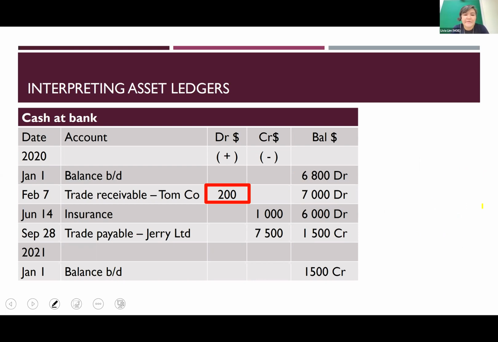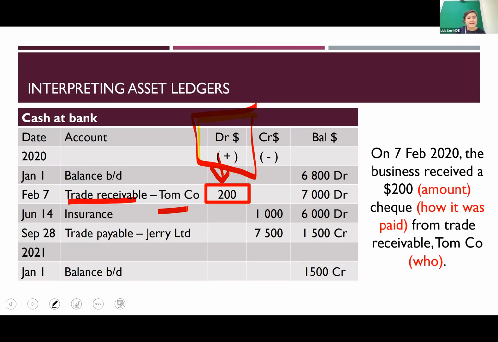Now, what about this February the 7th? At this point in time, if you feel like you want to pause me and write down your answer, please go ahead. Otherwise I will just continue. So on 7th of February, what is happening here? The cash at bank account is showing that it has increased because of trade receivable Tom Cole. So I would write something like this.